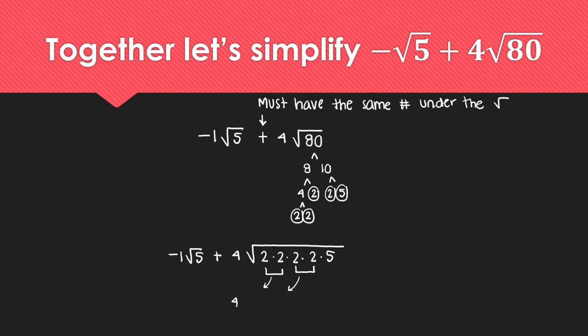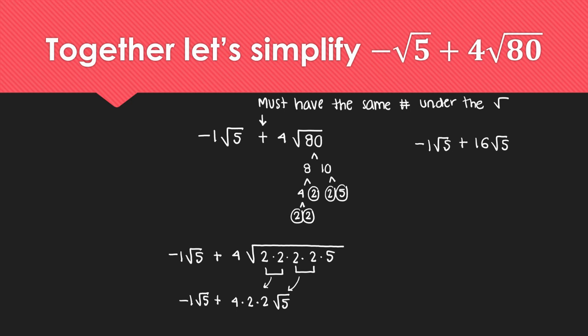So really outside we've got 4 times 2 times 2, and now we'll have that 5 under the square root. Once I multiply those numbers together, 4 times 2 times 2, that will give us 16. So really this problem is negative 1 root 5 plus 16 root 5.